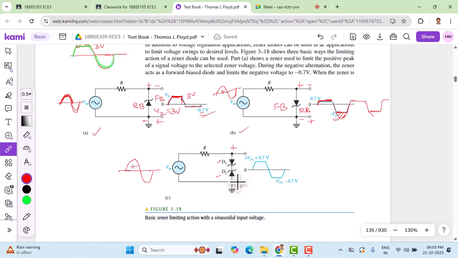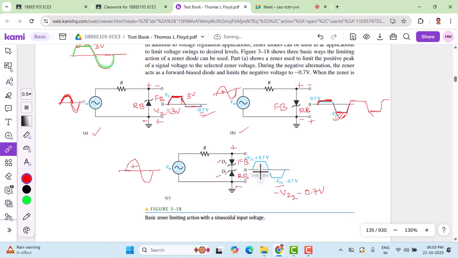Among these two diodes, we can see that the upper diode is forward biased, and the lower one is going to be reverse biased. When reverse biased, it maintains minus Vz2 here. So it is a mistake here. This has to be minus Vz2 minus 0.7. That is the voltage that has to be maintained.